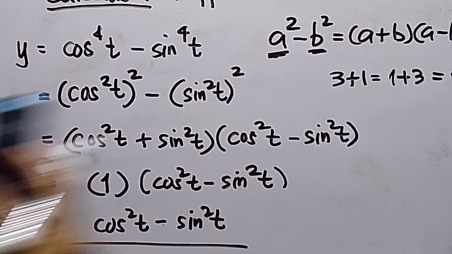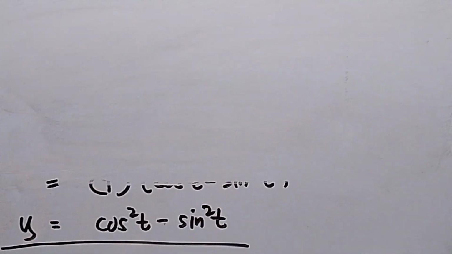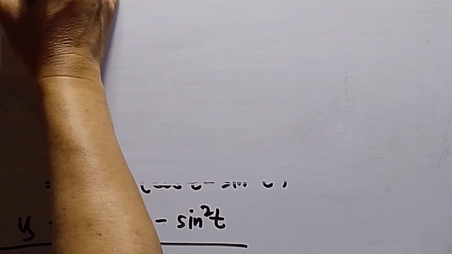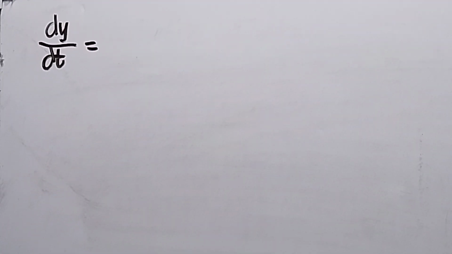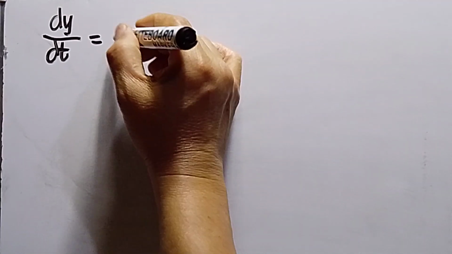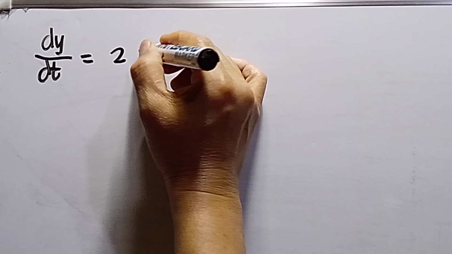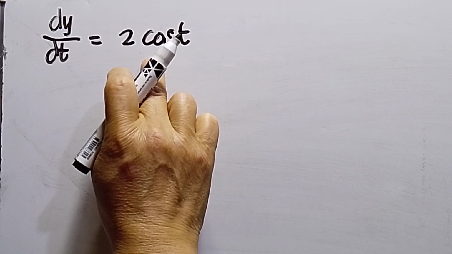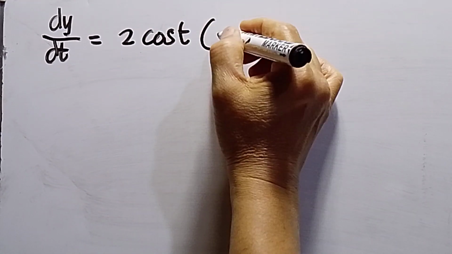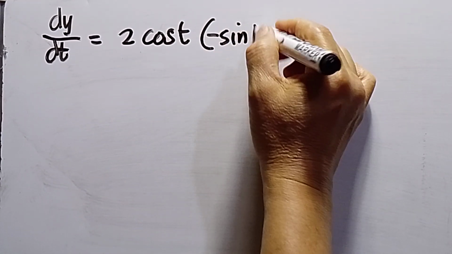So I need to differentiate using differential. So dy over dt. Because the variable is t, so it should be dt. So cosine squared, this will be 2 cosine t. Then derivative of cosine t, so this will be negative sine t.